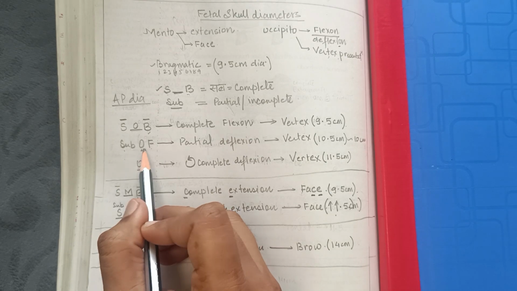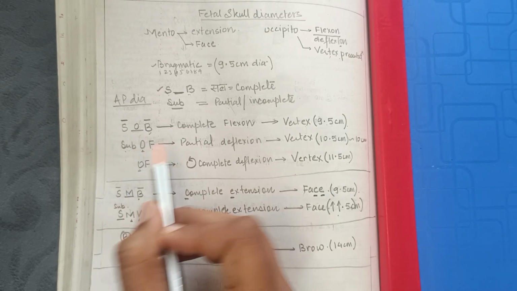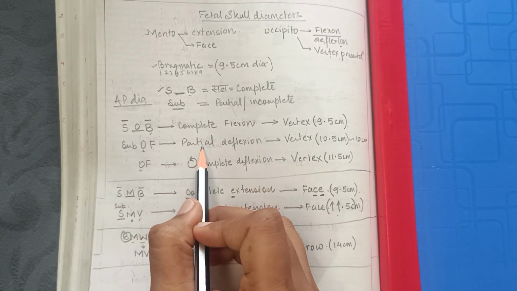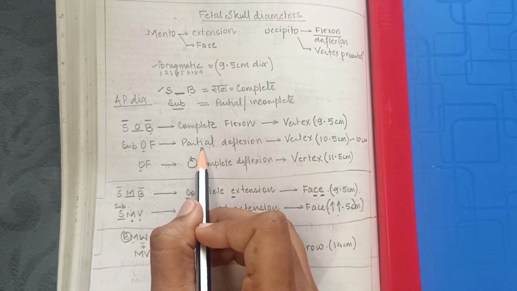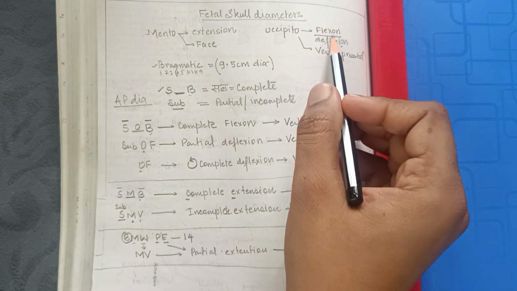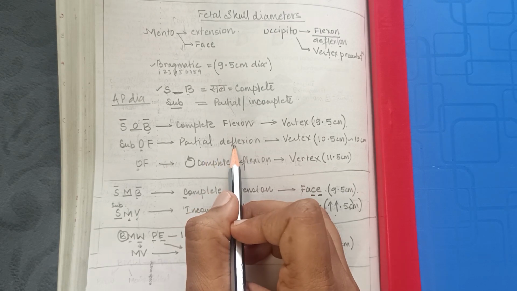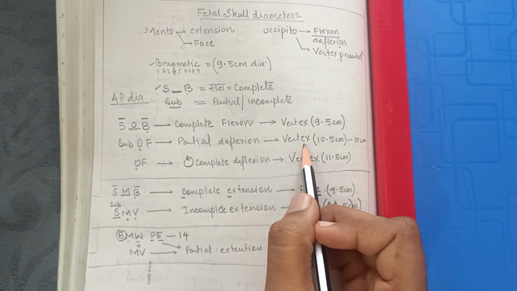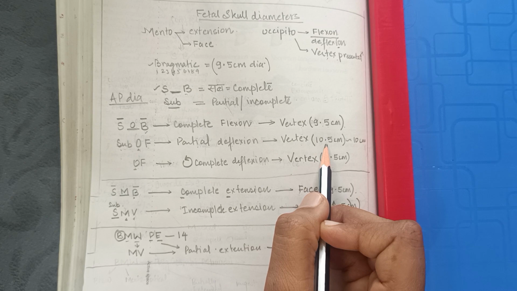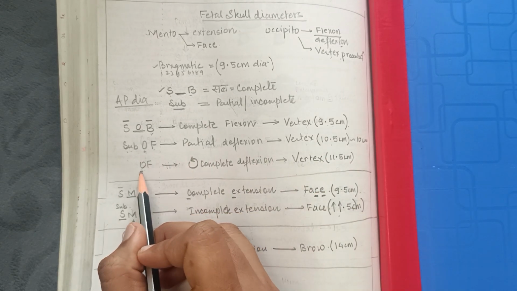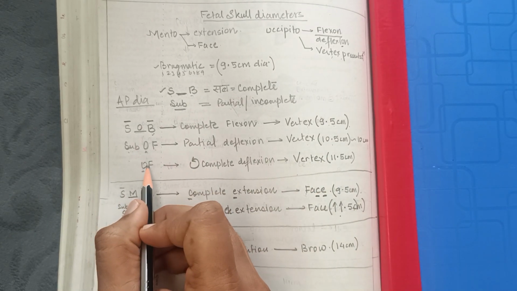Then suboccipitofrontal. Sub is like partial, I've told you sub is like partial, so it will become partial. And occipito is for the flexion or deflection, so I have written deflection, and occipito is also for vertex presentation, I have written vertex. And occipitofrontal, only occipitofrontal, you can remember O, complete.